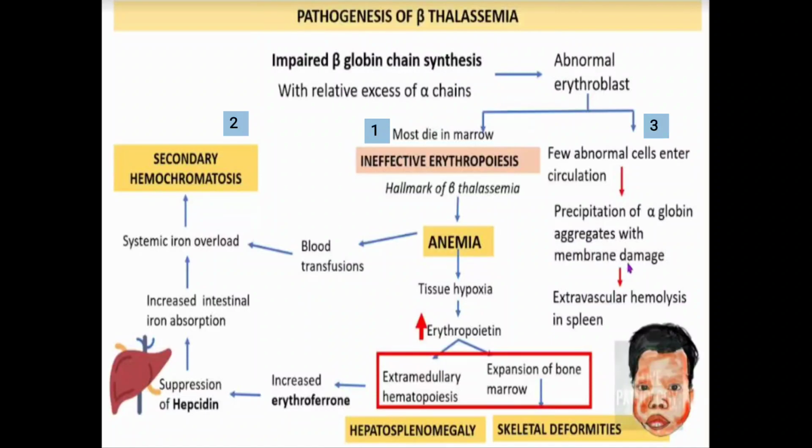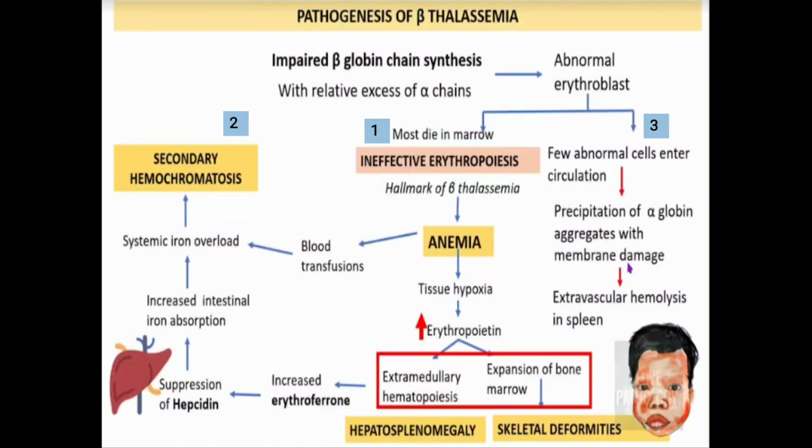When there is increased intestinal iron absorption, and there is also ineffective erythropoiesis that can't produce normal RBCs, this increased iron absorption is going to cause systemic iron overload. This systemic iron overload leads to hemochromatosis, that is secondary hemochromatosis, that is happening due to some other cause.